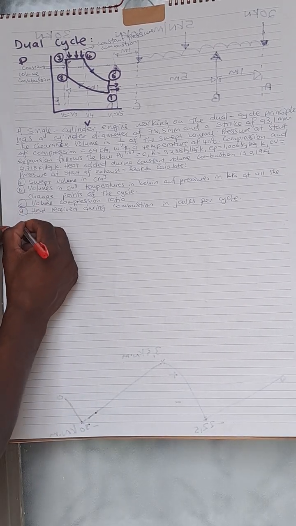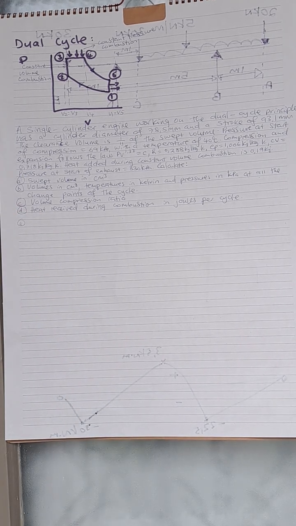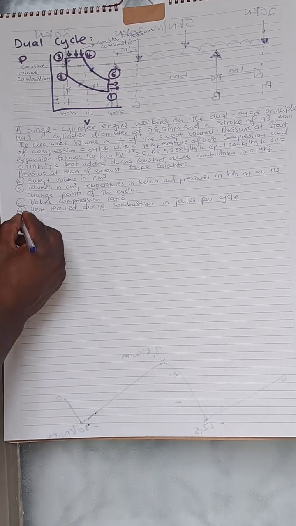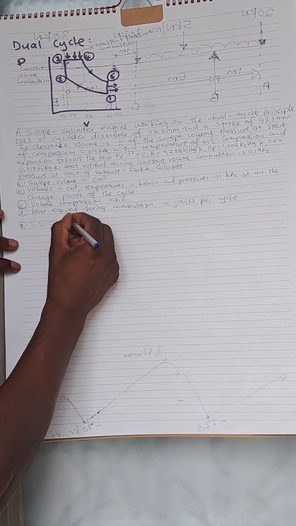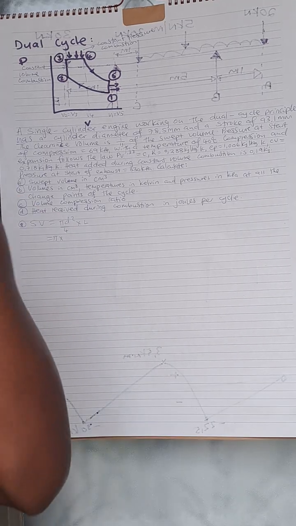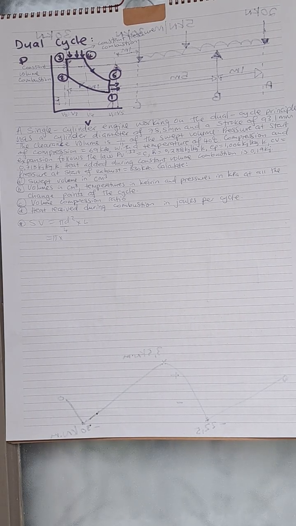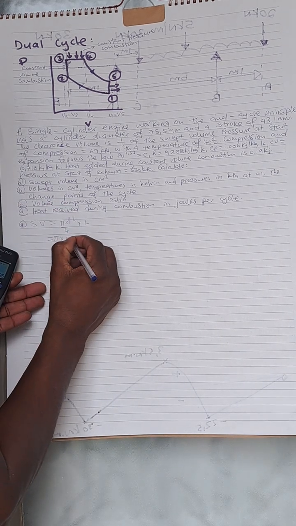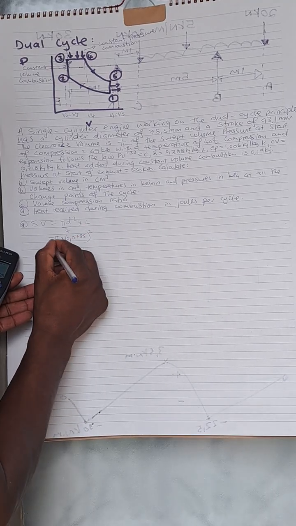So on A, let's solve the problem. They want us to calculate the swept volume. So let's solve that problem. We need our swept volume. Therefore, swept volume equals pi d squared over 4 times our L, which is pi times our diameter, given as 78.5 divided by 1,000, so 0.0785 squared over 4.